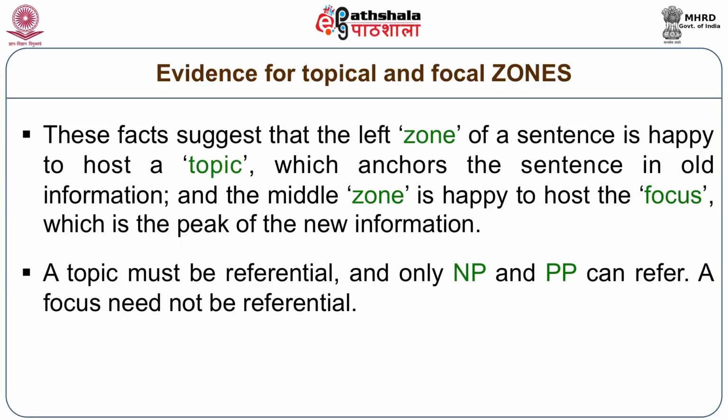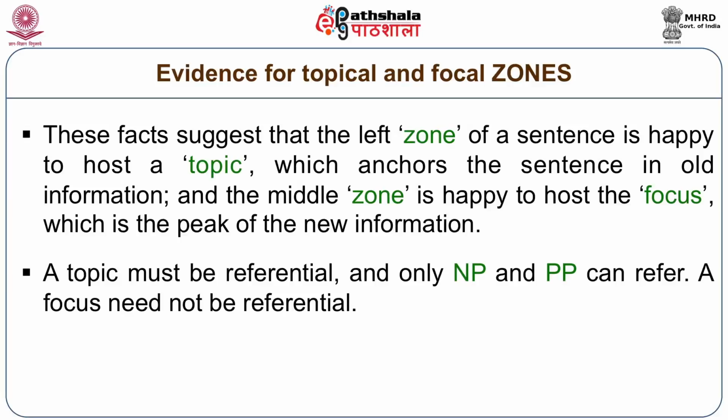Why should this be the case? Why should there be a discrimination between NPs and PPs on the one hand, potential topics, and APs, VPs and Ss, which are not potential topics, in the syntactic system? One hunch we have, and we invite you to see if it works for you when you continue to study linguistics, both in advanced syntax and in your semantic study.